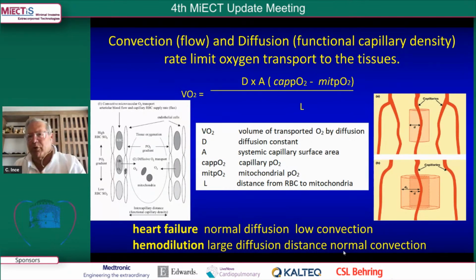But equally important is the diffusion distance in the field of view, that is, the distance from the red blood cell to the tissues. The larger the distance, the poorer the oxygen extraction. So in heart failure, you have normal diffusion but low convection, and in hemodilution, you have a large distance and normal convection. So it's very important to combine these two components when looking at tissue oxygenation and tissue perfusion.